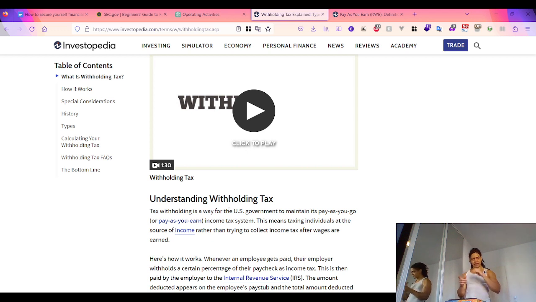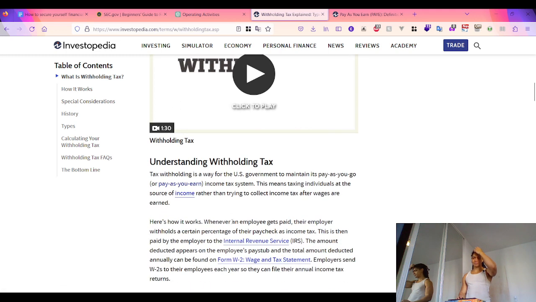The purpose is for the U.S. government to maintain a pay as you earn income tax system, and to fight evasion by collecting this tax periodically.